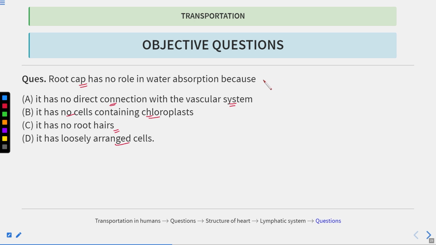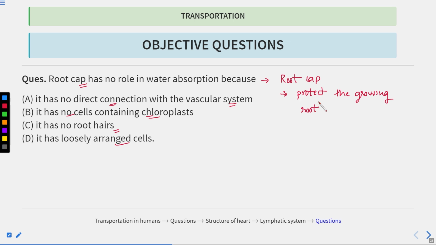So what is the role of the root cap? Its role is to protect the growing root tip.